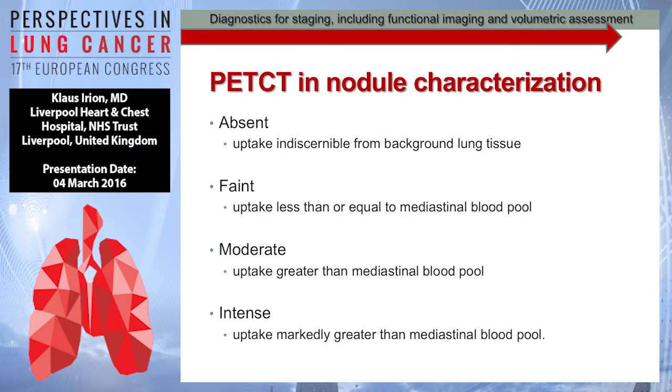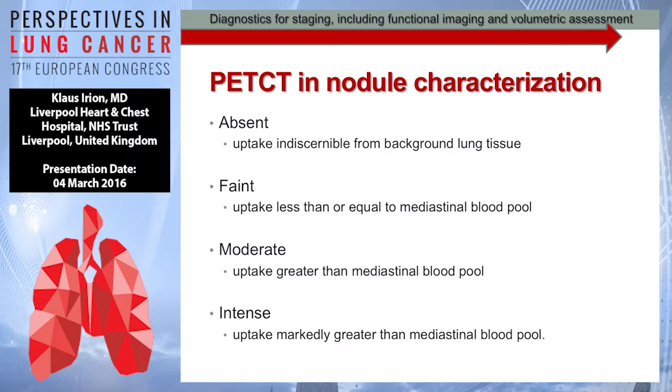PET-CT scan is certainly what is more established as a helpful tool to properly stage lung cancer patients. And in relation to defining if the nodule is benign or malignant, there is this new suggestion from the BTS guidelines that you should consider 4 categories: absent, faint, moderate, and intense, trying to define if the nodule has a higher probability of being malignant or benign.